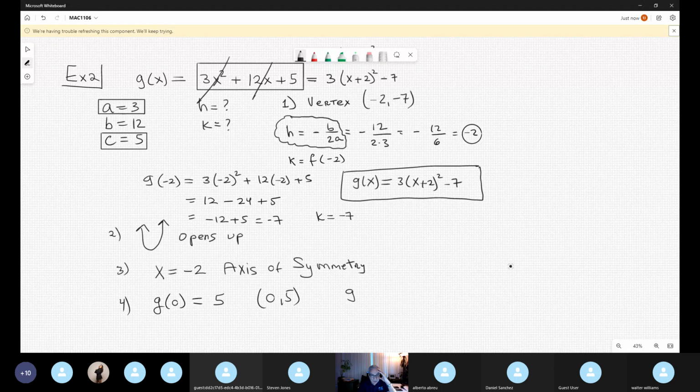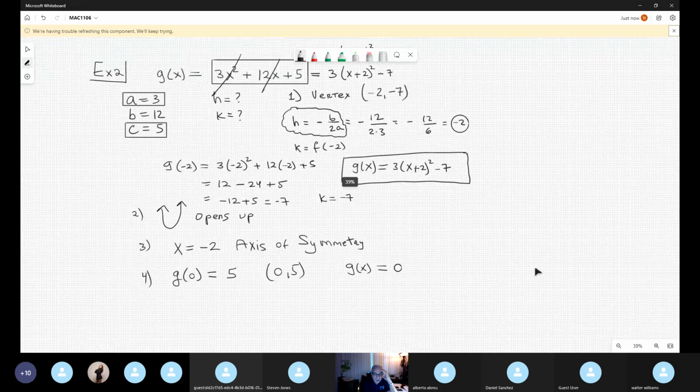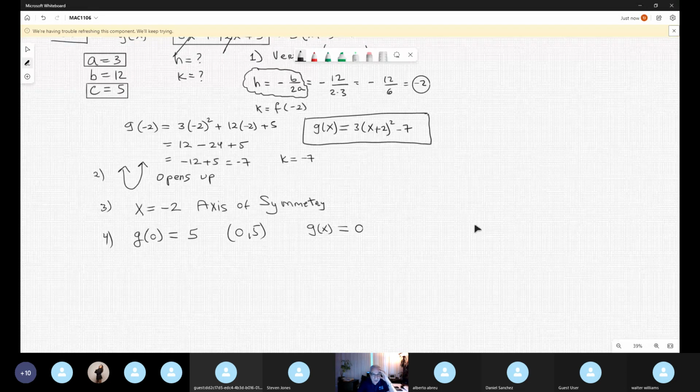And now to find the x and z, you take the equation. I prefer, well, either way, I prefer using the standard because I have a habit to solving the quadratic equation using the quadratic formula. No? So it's 3x squared plus 12x plus 5 equals 0. Okay, one more time.